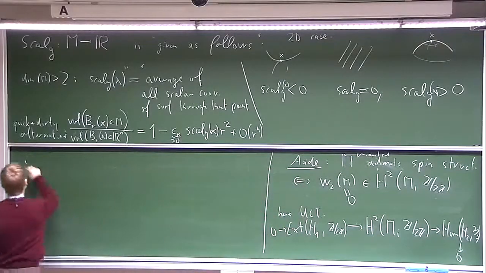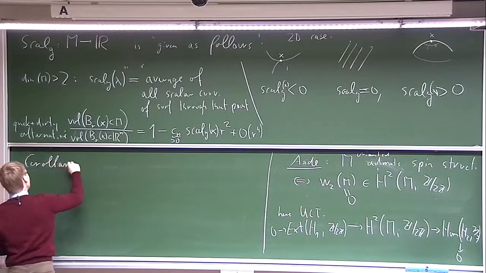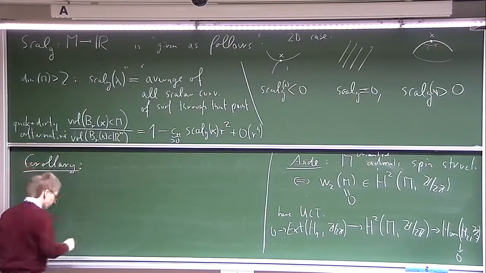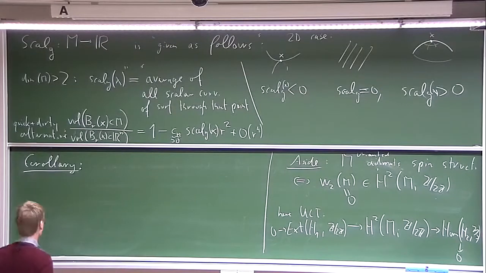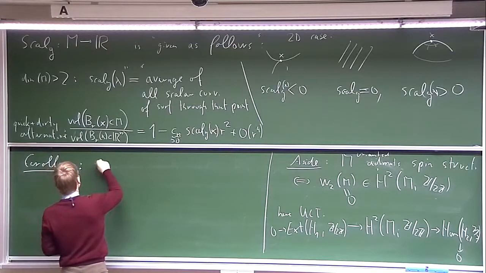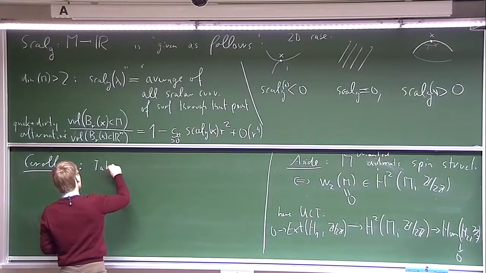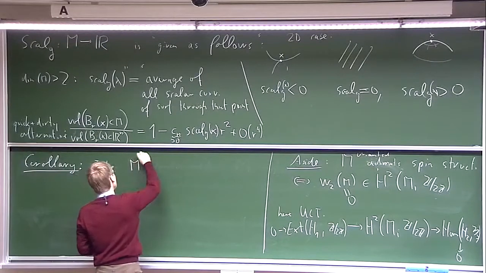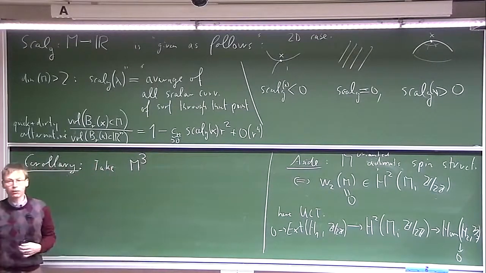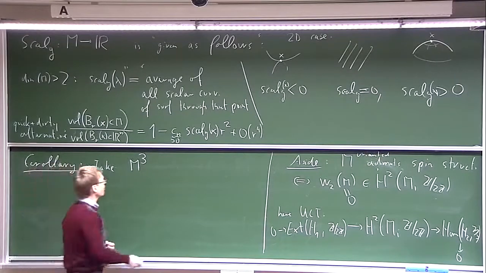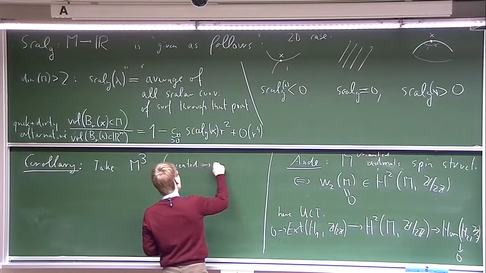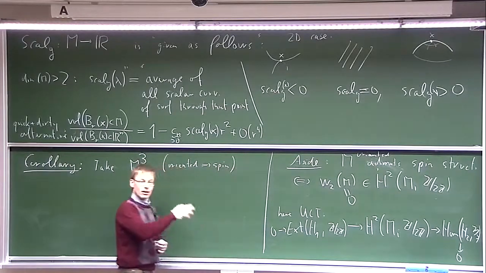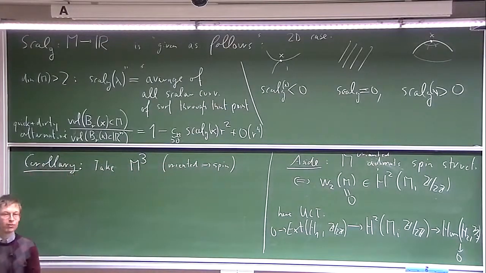Okay, now a corollary of this result I pushed up. On the other hand, let's take M a three-dimensional manifold. And there's a good thing in this dimension: oriented implies spin. And oriented you certainly have no trouble with.